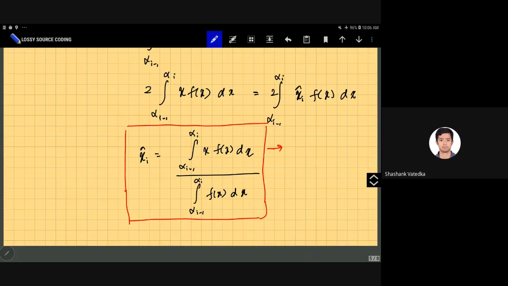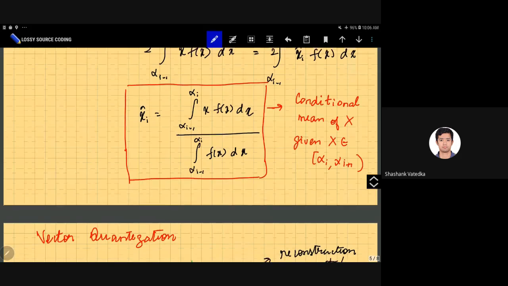So this is the conditional mean, or the conditional expected value of x, conditioned on the event that x lies in the interval alpha i to alpha i plus 1.